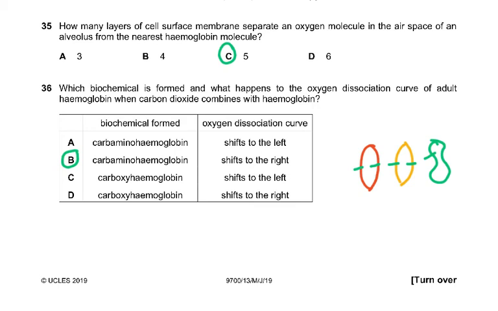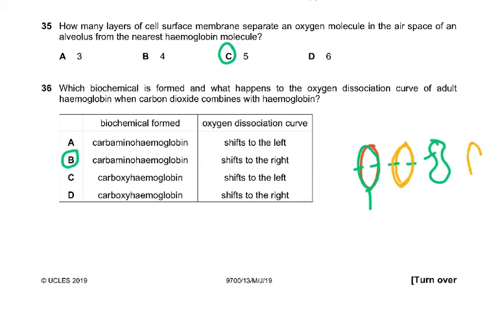So how many layers of cell membrane separate an oxygen molecule in the air space of an alveolus? This is the alveolar wall, made of a one-cell-thick layer. Then we have the one-cell-thick layer of the capillary wall.